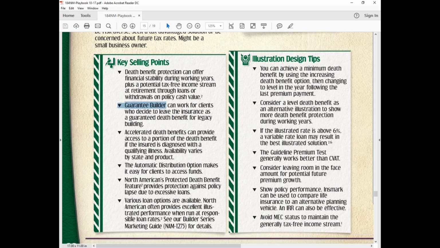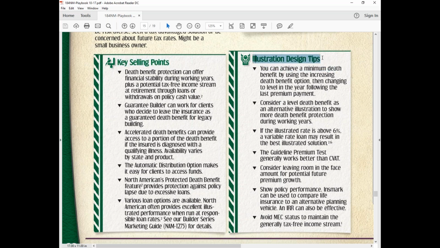You have a client who wants to make sure that if something happens, the policy doesn't lapse due to excess loans. Another key selling point is going to be the protected death benefit feature that we've mentioned in the last couple of sessions. So this does a good job of going through some of those different key selling points that you can discuss with your clients based on helping them accomplish those goals.